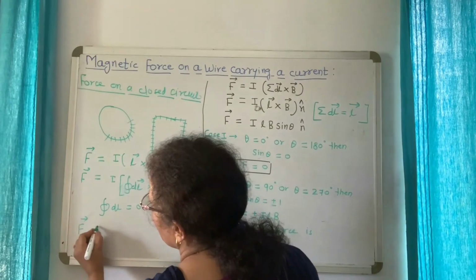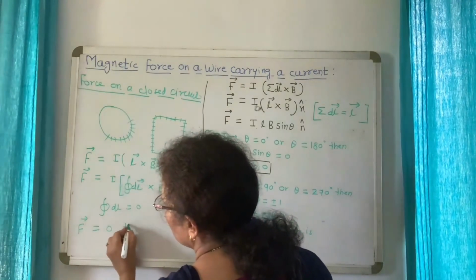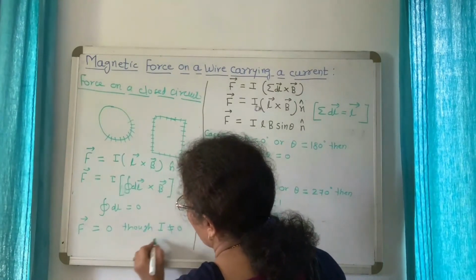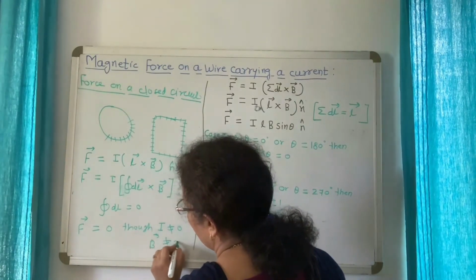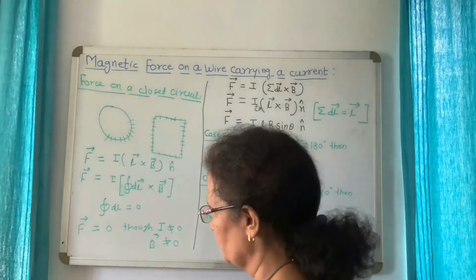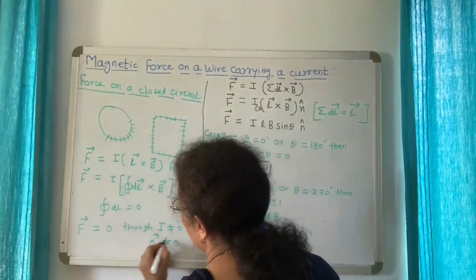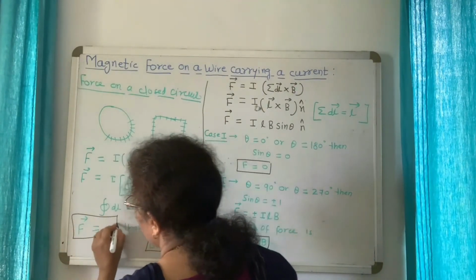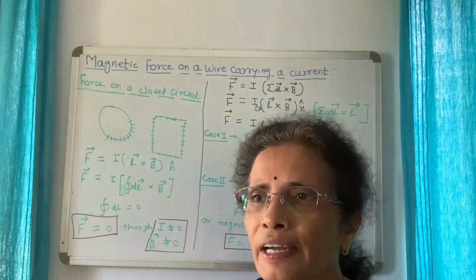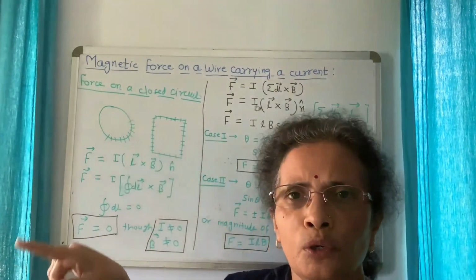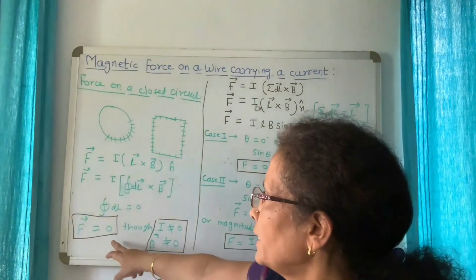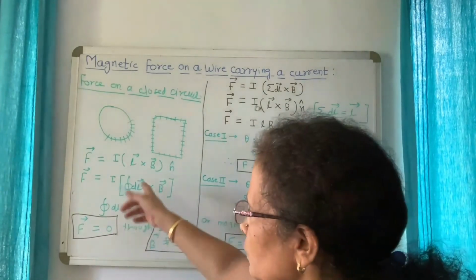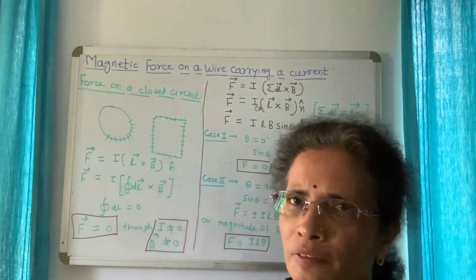Therefore the force acting is equal to 0, though the current is not 0 and the magnetic field is not 0. In which situation? When the wire is forming a closed loop of any shape, the force acting is always equal to 0.